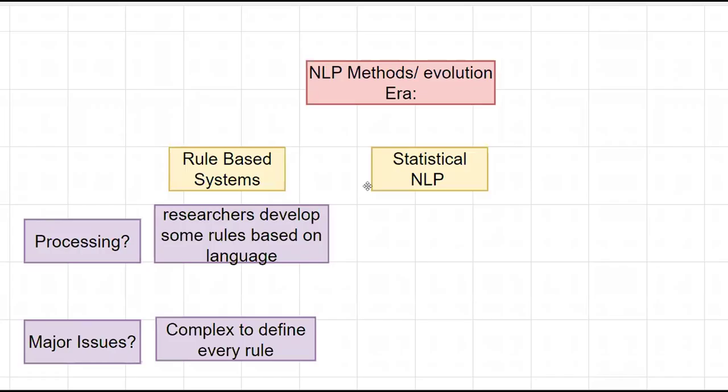I hope in this video you understood a detailed analysis of rule-based systems, how they work, and what major issues we face while using these types of models, and what the next upcoming advanced model is.